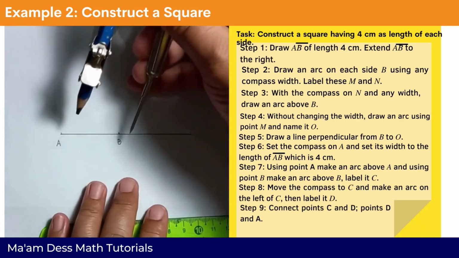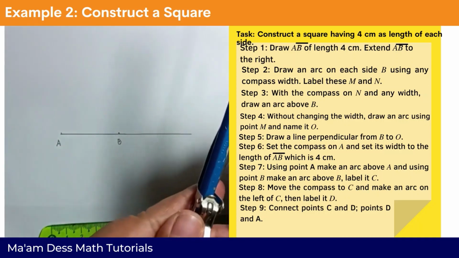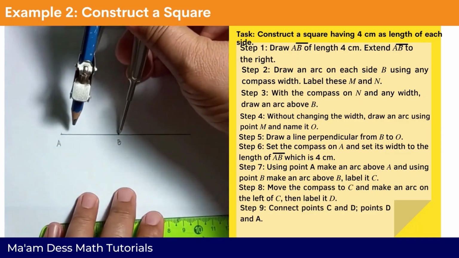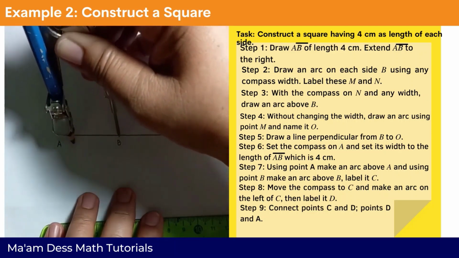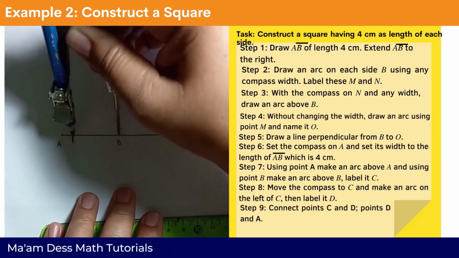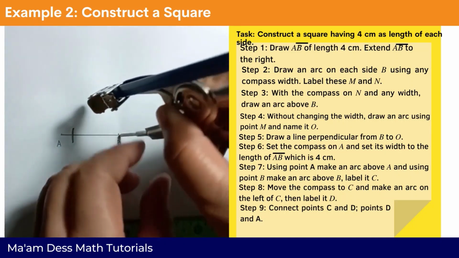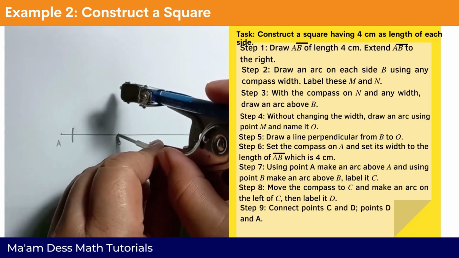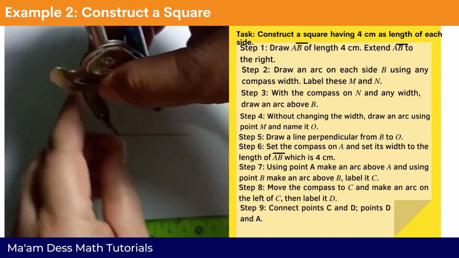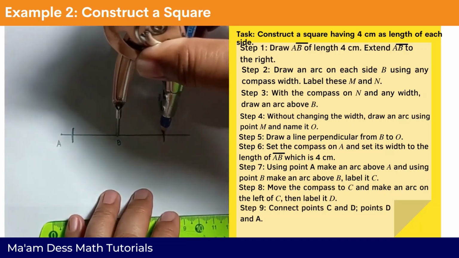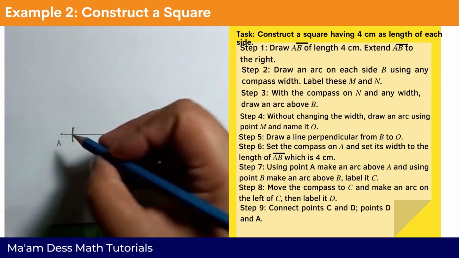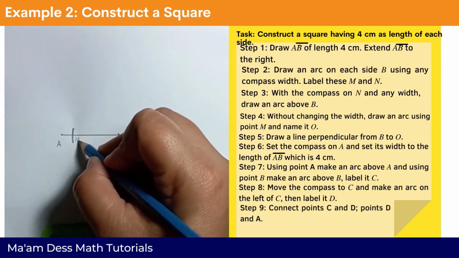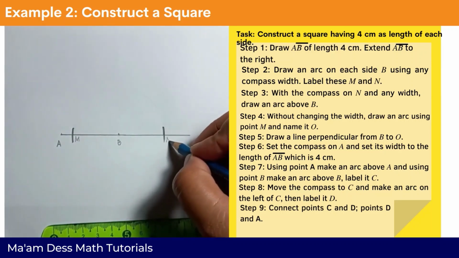Any setup or any length of your compass. Okay, make an arc to the left of B and to the right of B. Okay, do not move your setup of compass. So this one is M and the other one is N.